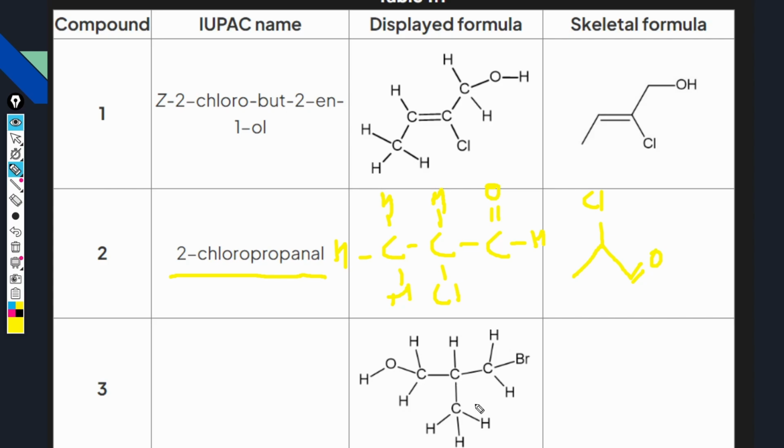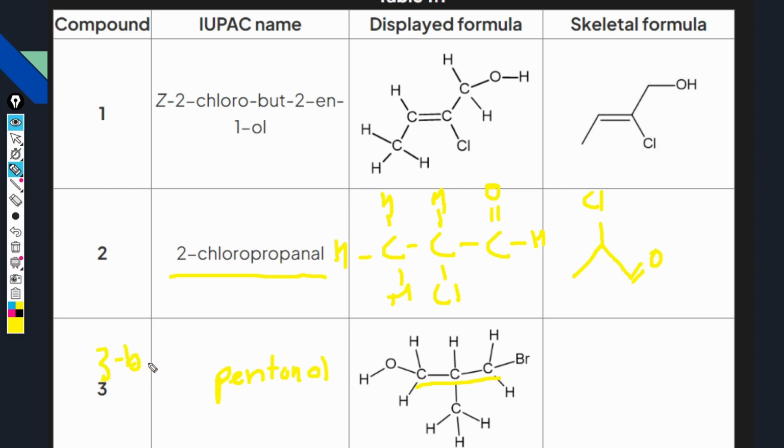Now let's try naming this one. We need to find the longest chain in this, which is just this, and obviously we will of course start with the starting carbon to be near the group. So this is already pentanol, right over here. The methyl group is on the second one, and the bromine is on the third one.